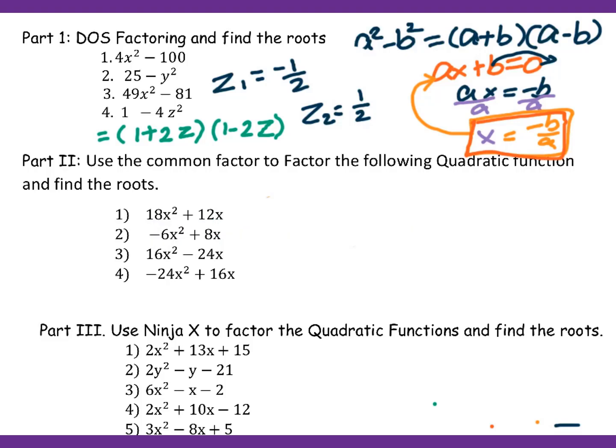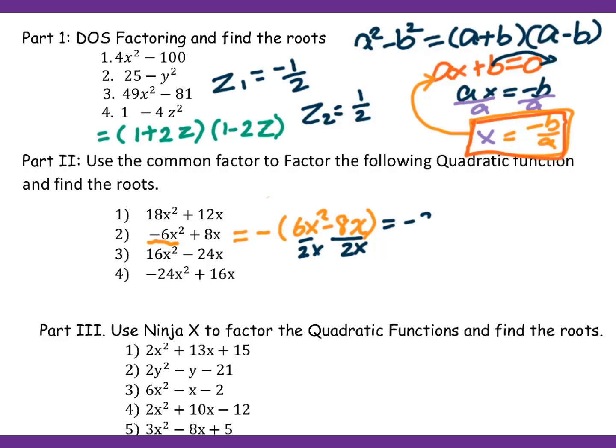Now let's go to number 2. We don't want the negative sign for the leading coefficient. That's why I put the negative sign before that. I got 6x squared minus 8x. When you take a negative sign outside, just change the sign. Then the common factor for these two will be 2x. So I divided by 2x.